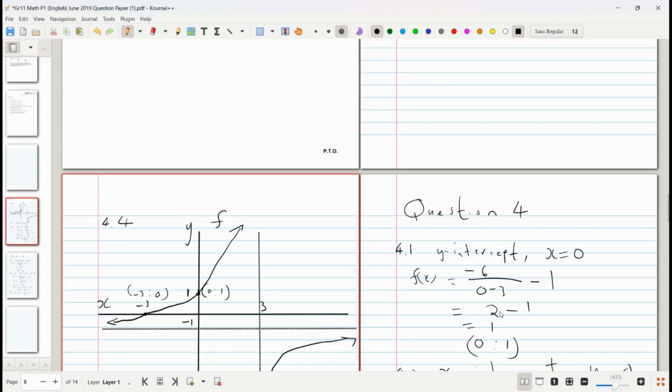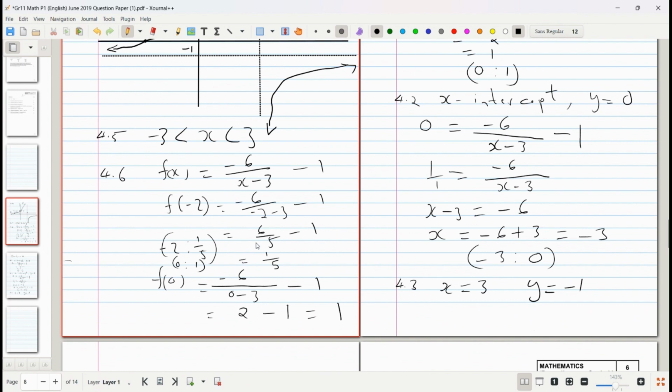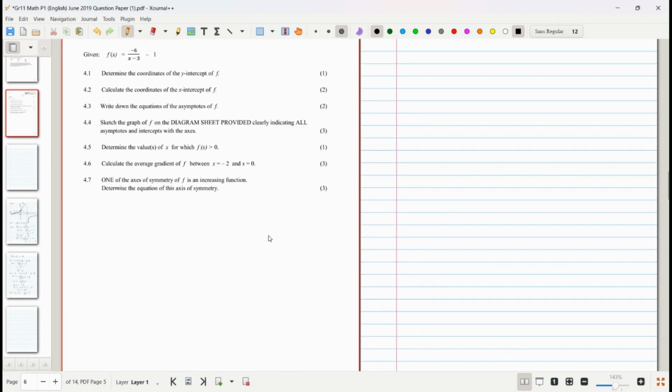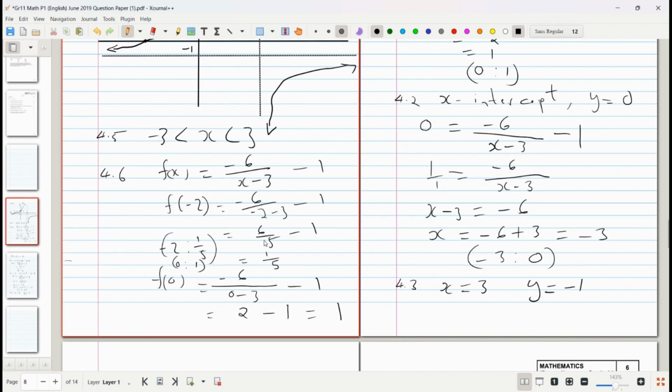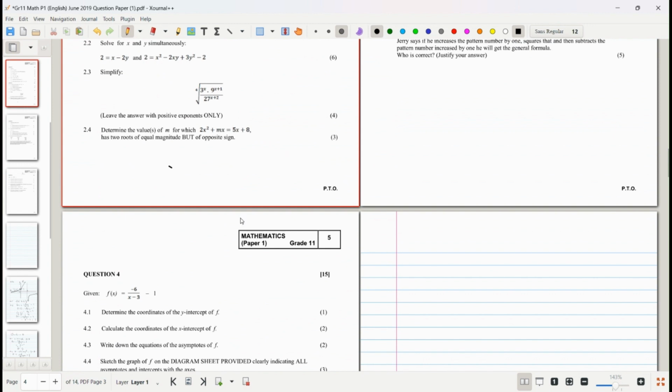So with these coordinates that we found here, we can put it here.